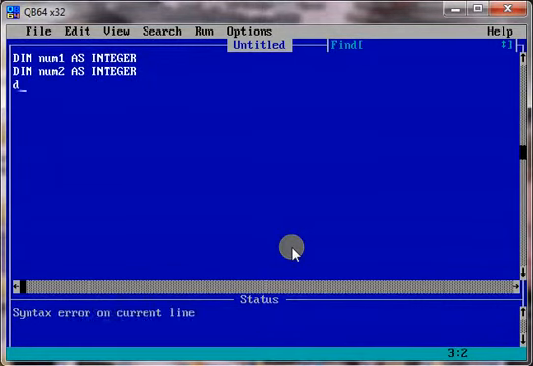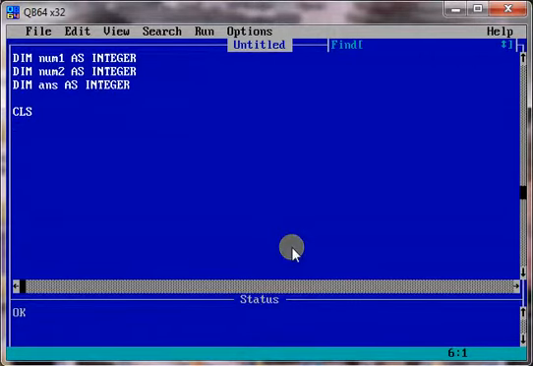I want to do a simple calculation here. num3 as answer. Let's put it as integer.